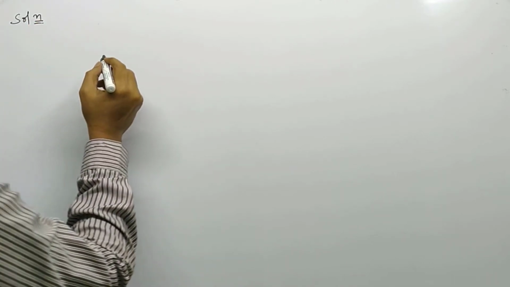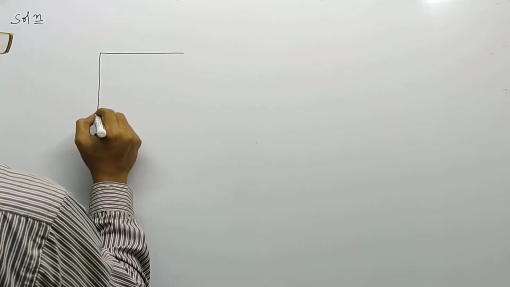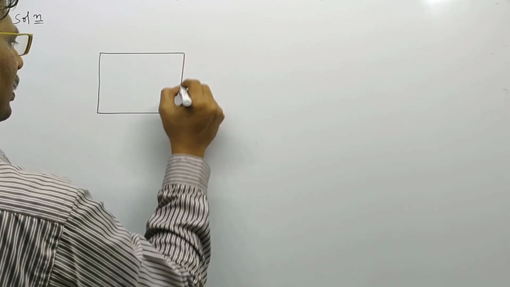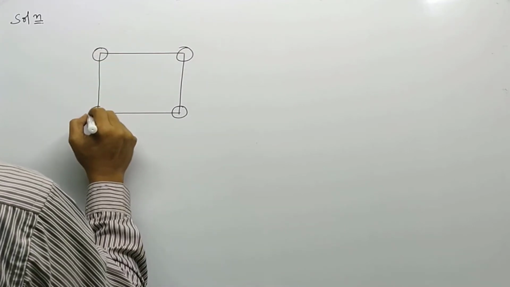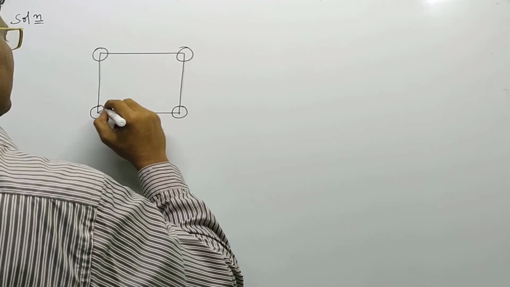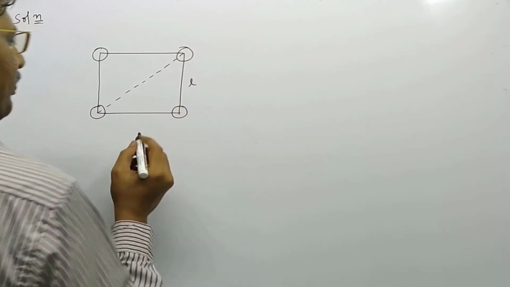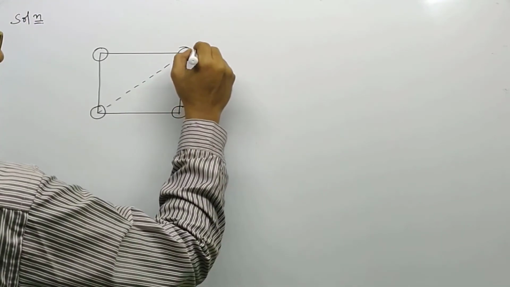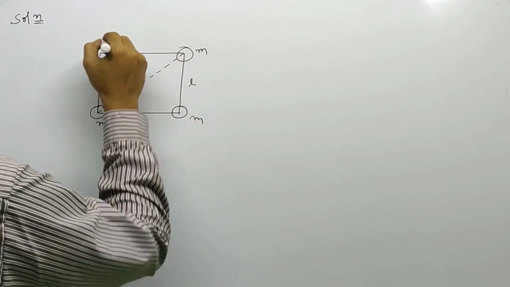As per the question, let us take four identical masses placed at the four corners of a square of side L. Let us take each mass equal to m.